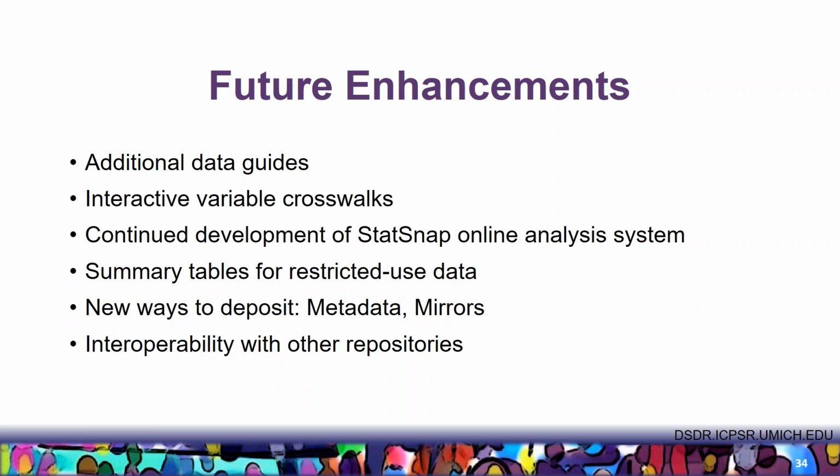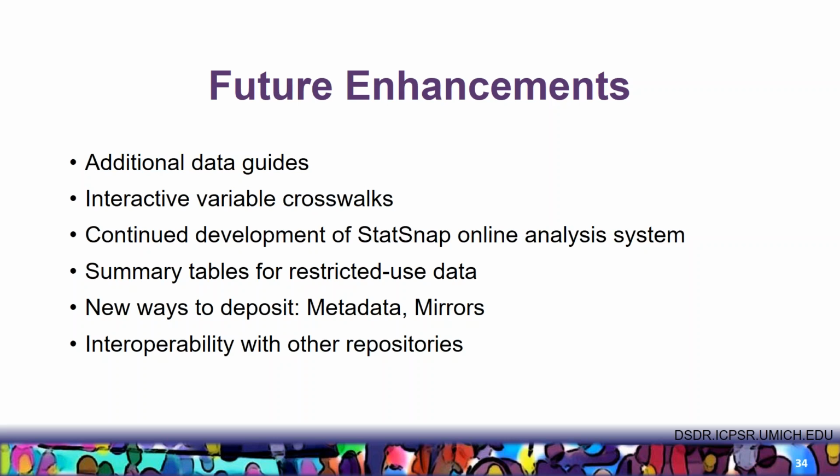New ways to deposit, where people who can't deposit their data to us can give us the metadata so we can make their data discoverable through the metadata, and then point them to the site where the data are available. Mirrors, where data are being made available at, say, another university, but they want to make it more widely available.